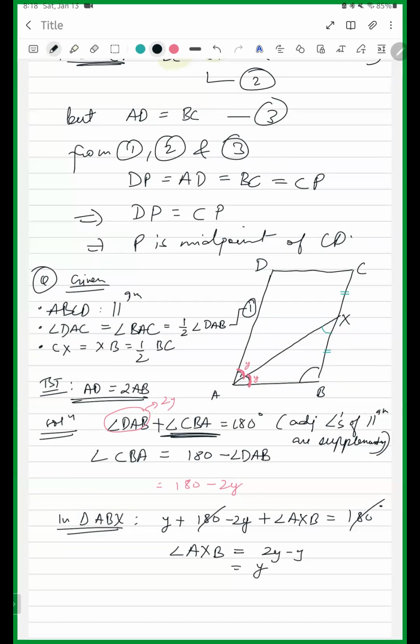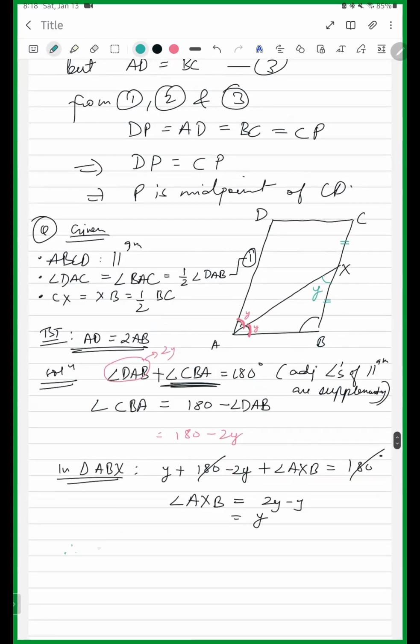So that means this angle is also equal to y. Now if this angle is equal to this angle, that means in this triangle, AB is equal to BX. If two angles in a triangle are equal, then their opposite sides are also equal. Okay, the same reason which we have used many times.